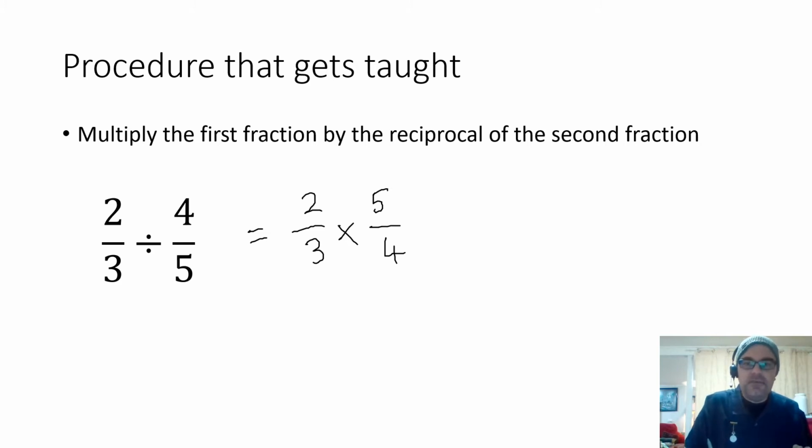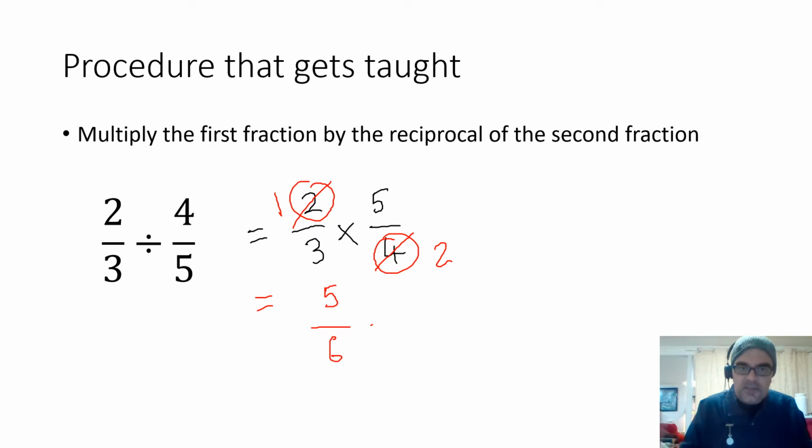We have 2 and 4. Let's circle those. The common factor is a 2. If I divide the top and bottom by 2, I'm going to get 1 and 2 respectively. So the answer to that question is the top is going to be 1 times 5, which will give 5, and the bottom number is going to be 3 lots of 2, which is equal to 6. So far, that's the procedure that we had.